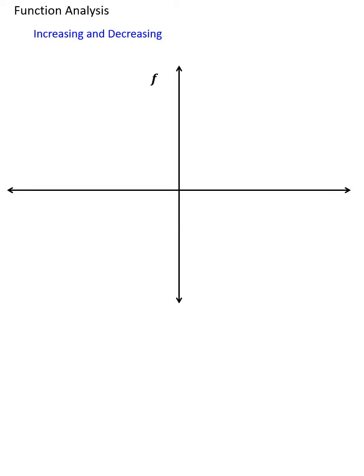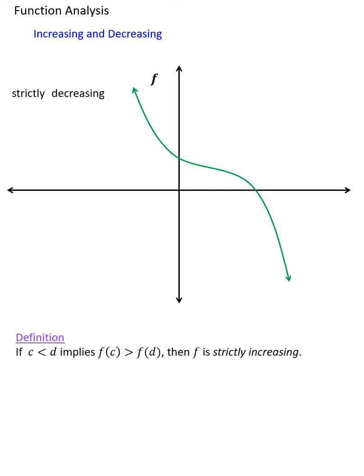By the way, a completely analogous set of definitions was created for decreasing functions. So we can define functions to be strictly decreasing or just decreasing. Here's an example of a strictly decreasing function. We could define it in a similar fashion as we define strictly increasing.